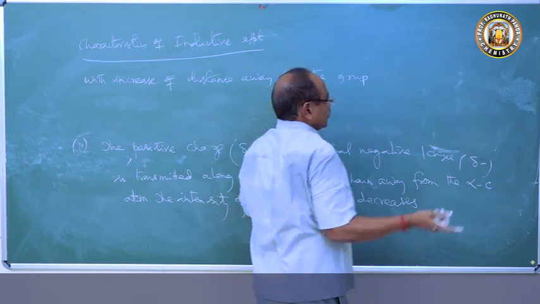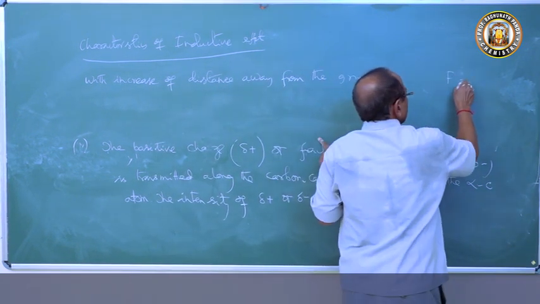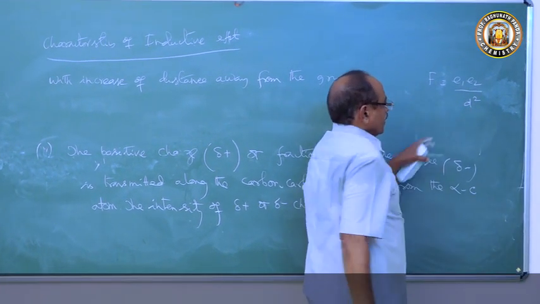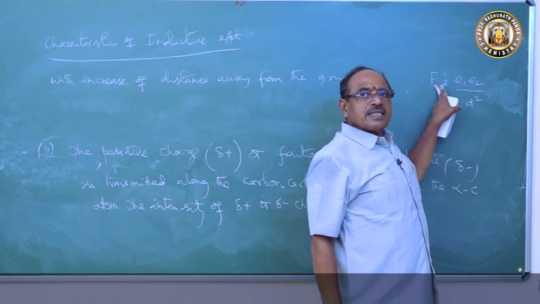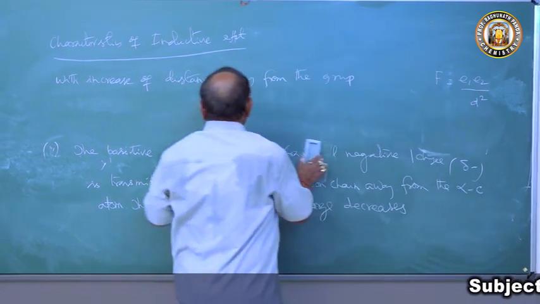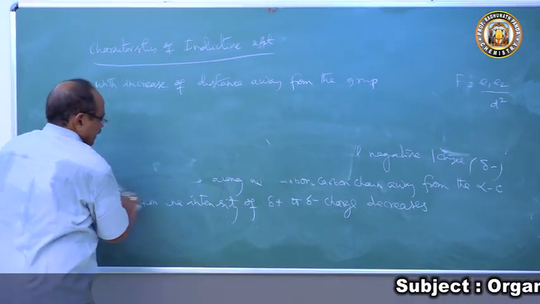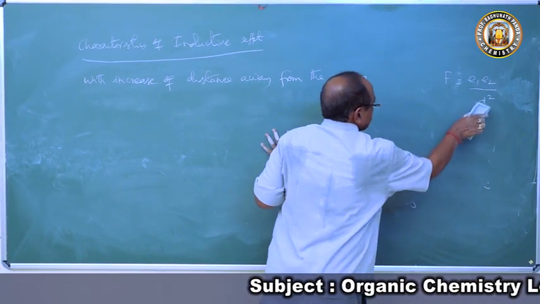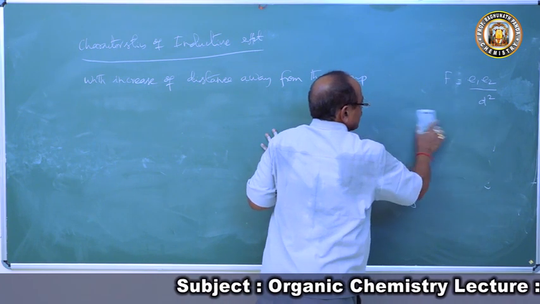Why? You know that F is equal to E1 E2 by D square. If D is increasing, F is decreasing; they are inversely proportional.